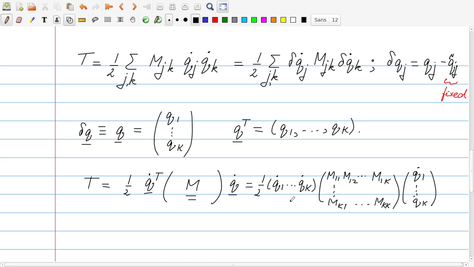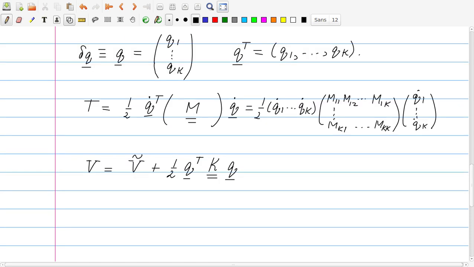and that number represents then the kinetic energy. And in shorthand notation I can do the same for the V, which is the V at equilibrium plus the deviation to second order, and the deviation to second order can also be written as a row vector, product with a matrix, and then product with a column vector.